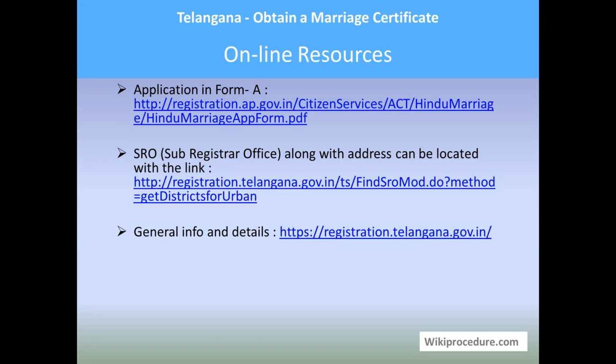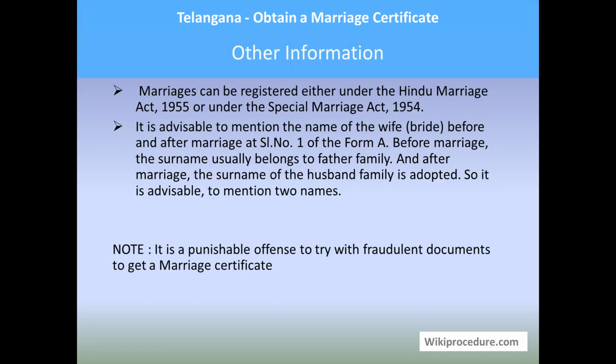Online resources: we have seen the Form A and the sub-register office link and general details which are useful for completing the procedure. Other information: marriage can be registered either under the Hindu Marriage Act 1955 or under the Special Marriage Act 1954. It is advisable to mention the name of the wife, the bride, before and after the marriage.